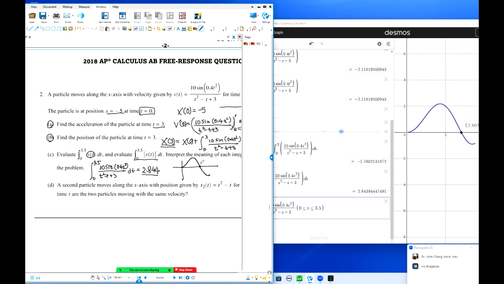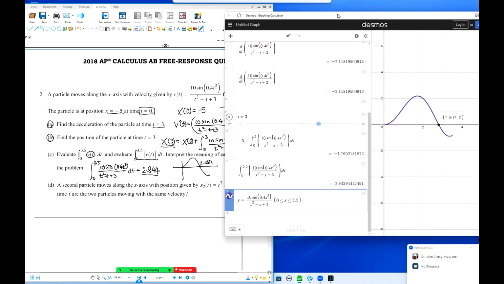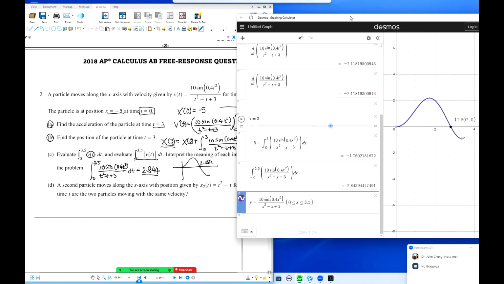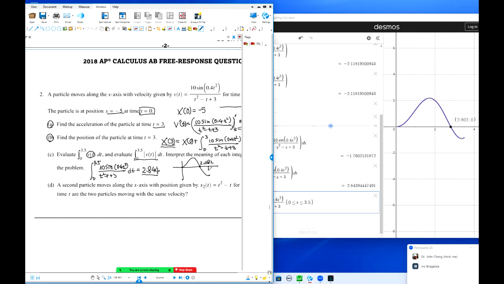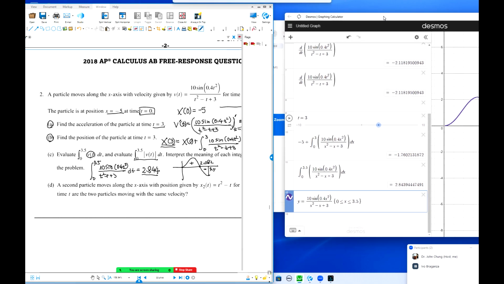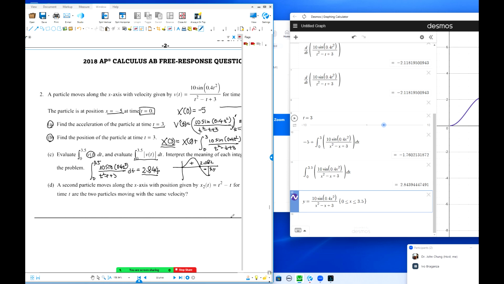At this point, 2.802, that's correct, let me check. After this, 3.5, move to the left. This is move to the left. So we find out all travel distance, add them, okay?